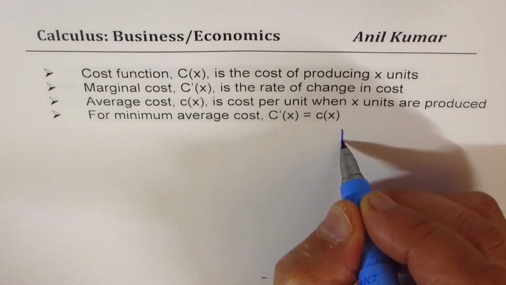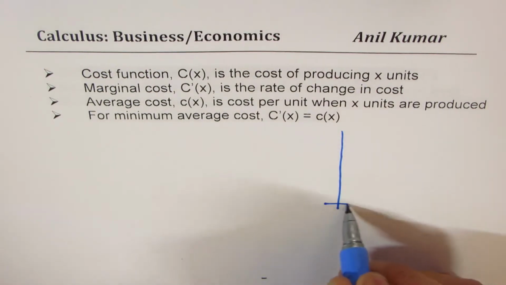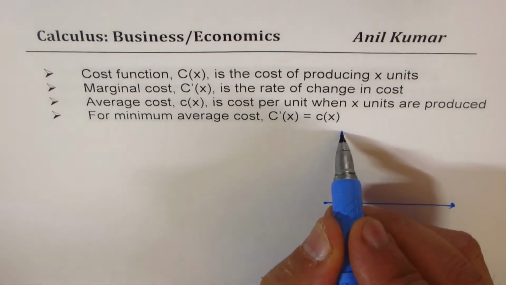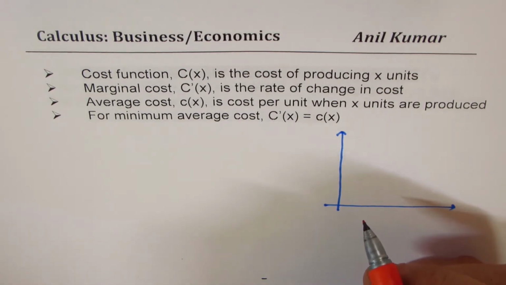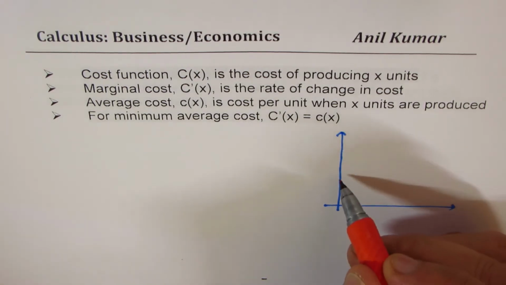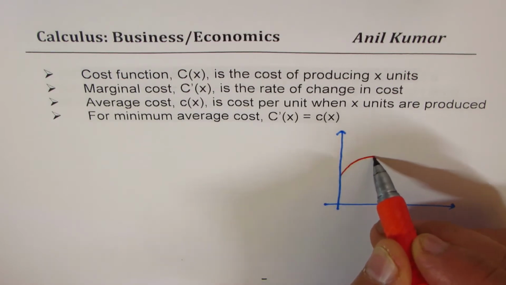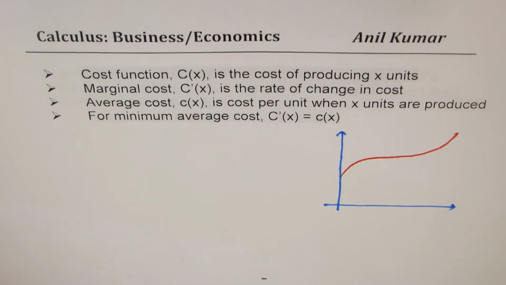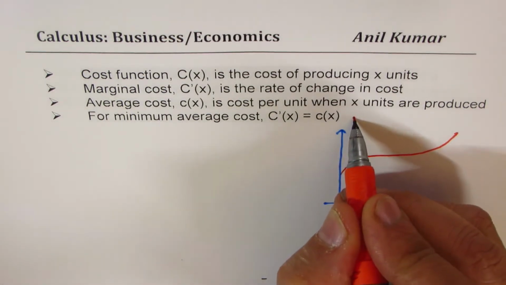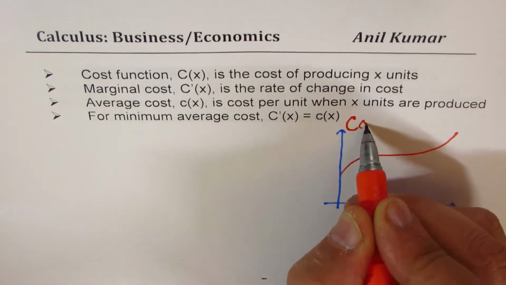Now let's look at a graph which represents all these cost functions, and then we will take up questions based on cost. So let us say X number of items are being produced, and that is how the cost varies. So we are writing capital C, the cost function.